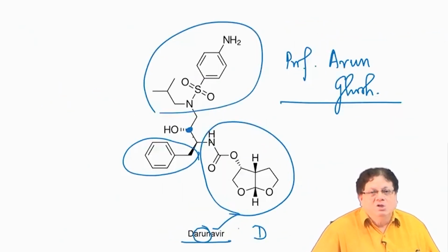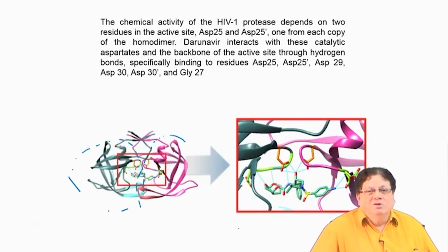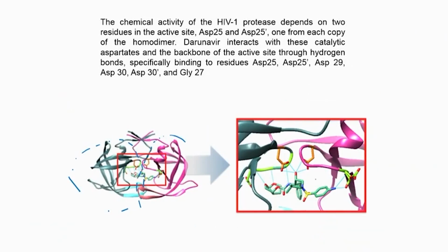Okay. Just to quickly show, this is the crystal structure of how darunavir is interacting with the HIV protease. It is binding with, see, aspartate 25 and 25 prime. Here prime means one of the subunits and normal numbering is the other subunit.